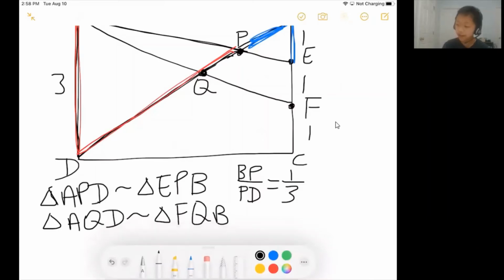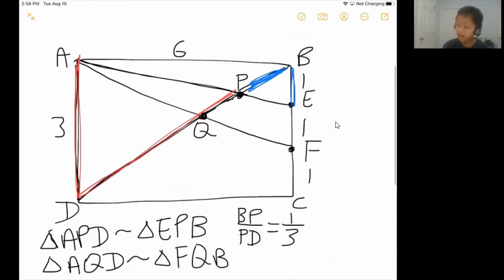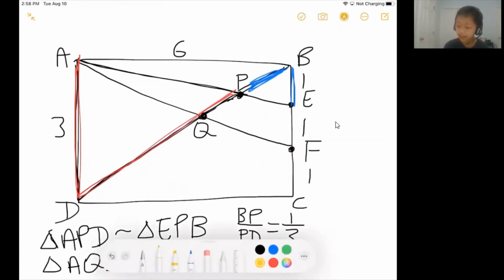Triangle AQD is this yellow triangle, and it's similar to this green triangle, FQB. This is by similar reasoning: you have alternate interior angles and they have the same angles, so they're similar.